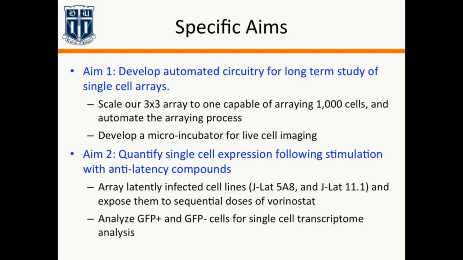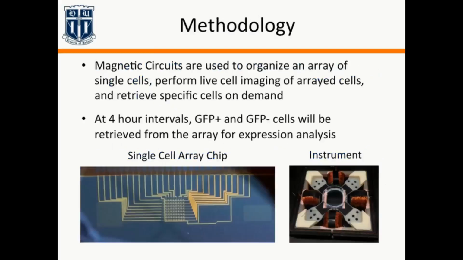We're then going to analyze the GFP positive and GFP negative cells by transcriptome analysis post-stimulation. This allows us to understand which genes are being turned on and turned off immediately after latency activation, which will eventually allow us to develop better drugs to interfere with or promote these epigenetic events that occur in latency activation.